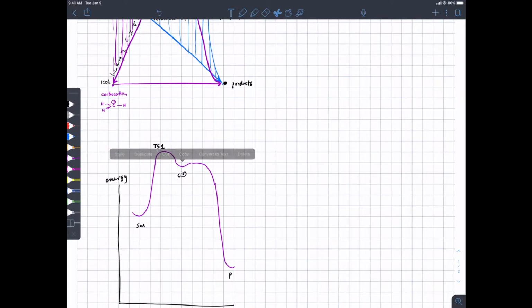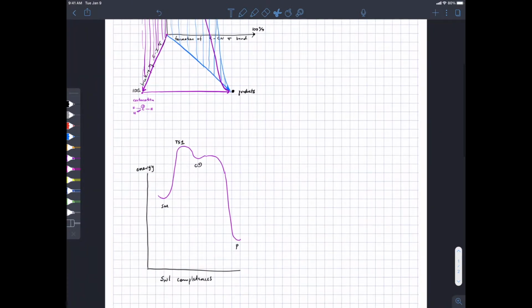Okay. So notice that the transition state and the carbocation are pretty close to each other in terms of percent reaction completeness. That means not a lot has changed as we go from transition state to carbocation.